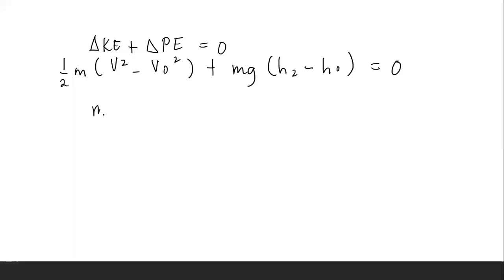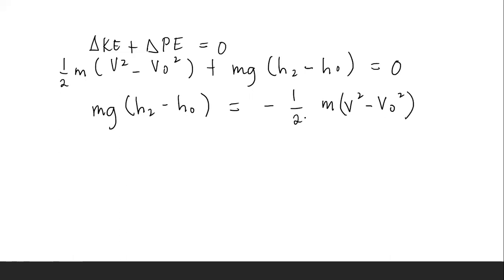So mg times h2 minus h sub o is equal to negative 1/2 m times v squared minus v sub o squared. Mass is cancelled.